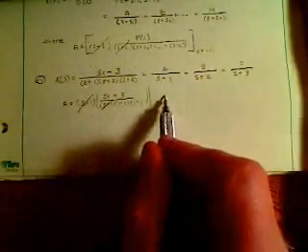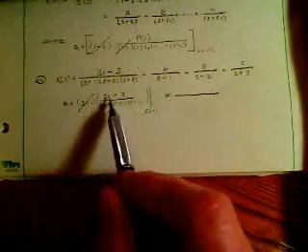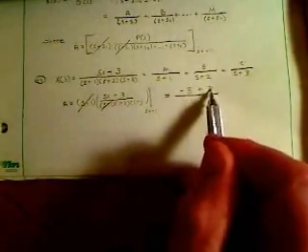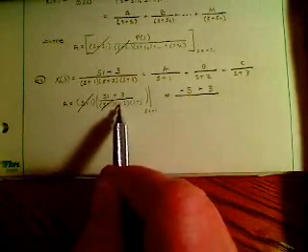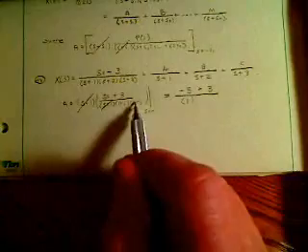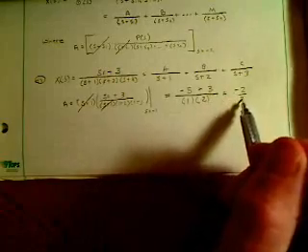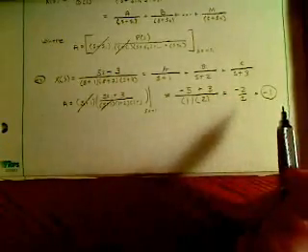So that and that are going to cancel, and this is going to be 5 times negative 1, which is negative 5, plus 3, and then I plug in negative 1 to here. Negative 1 plus 2 is 1, negative 1 plus 3 is 2. So I've got negative 2 over 2 equals negative 1. Okay?